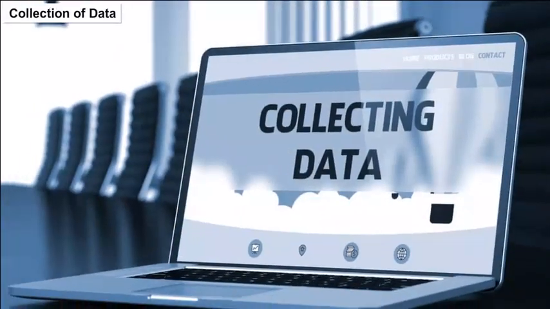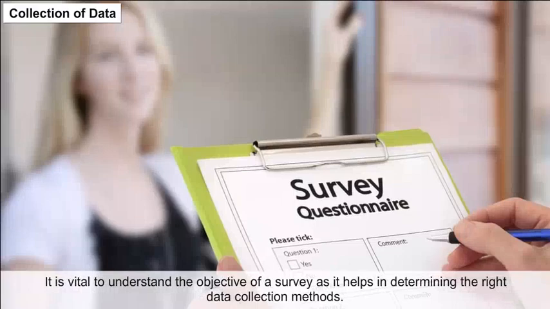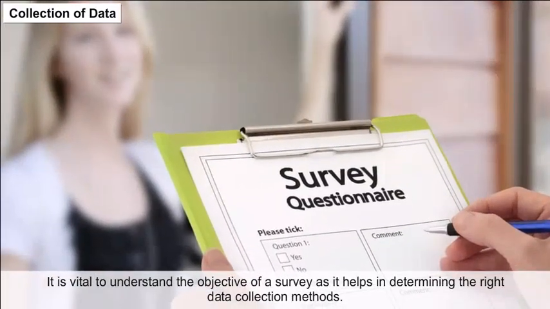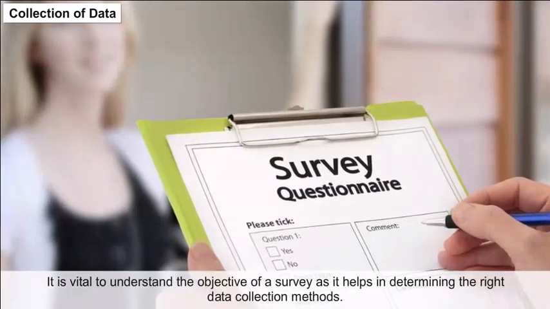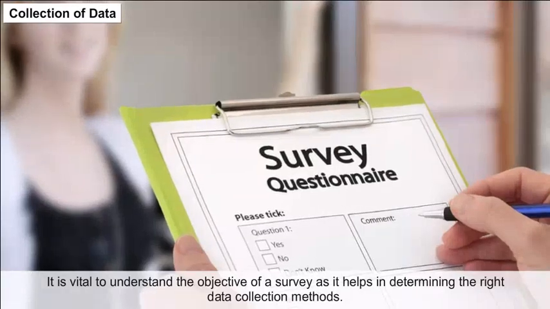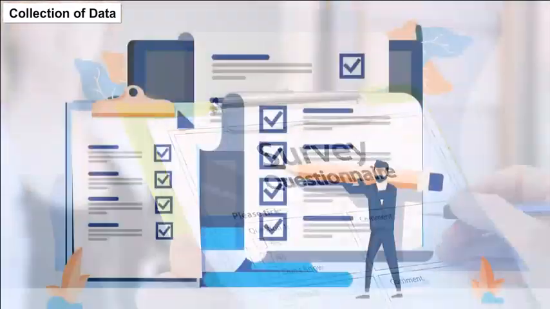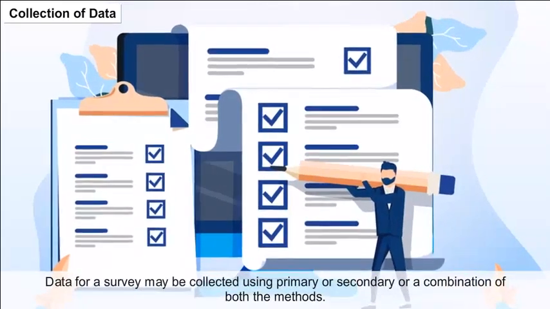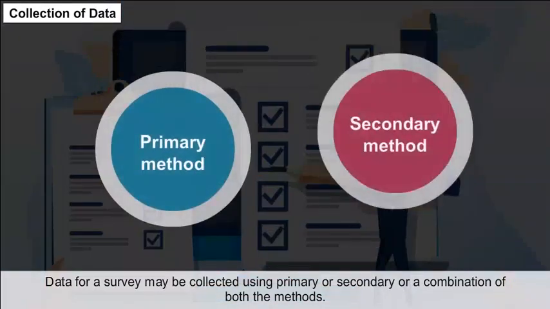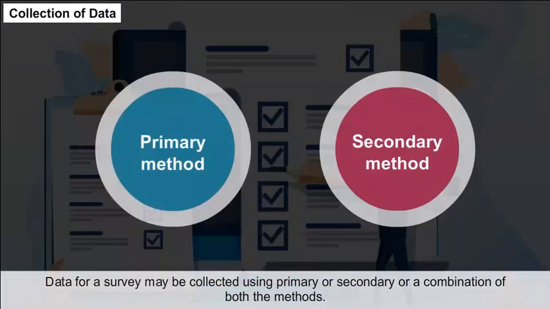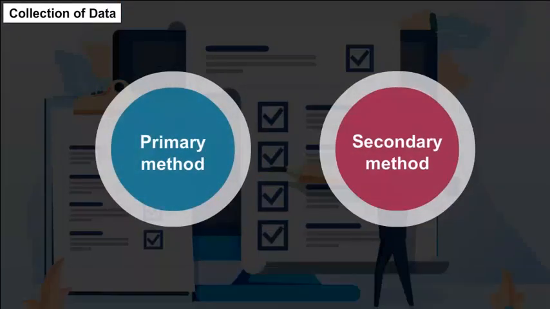Collection of data. It is vital to understand the objective of a survey as it helps in determining the right data collection methods. Data for a survey may be collected using primary or secondary or a combination of both the methods.